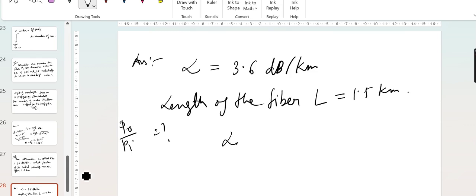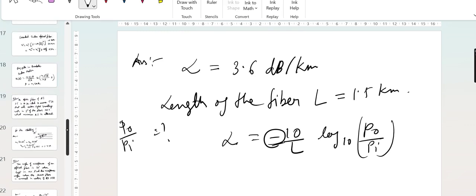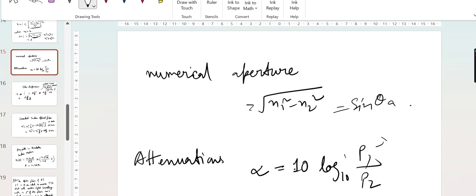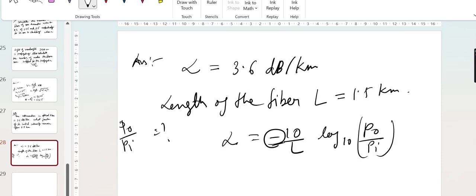So alpha is basically minus 10 by L log 10 of P output by P input. This minus is because we have interchanged here. P1 was Pi and P2 is Po. When you change that, you can put a minus sign before the log.